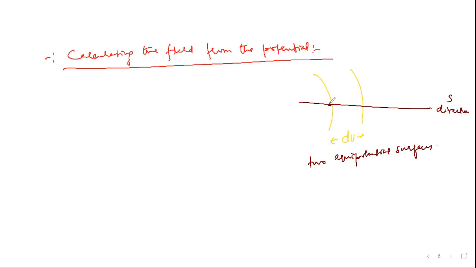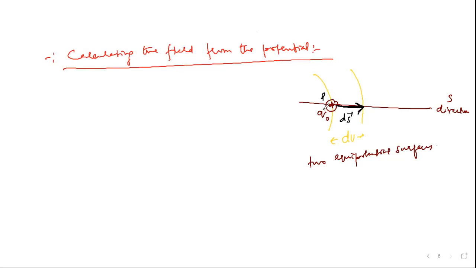What I do next, I take a test charge Q naught, move this test charge from one surface to the next surface through displacement ds, right? Starting at point P on surface 1.